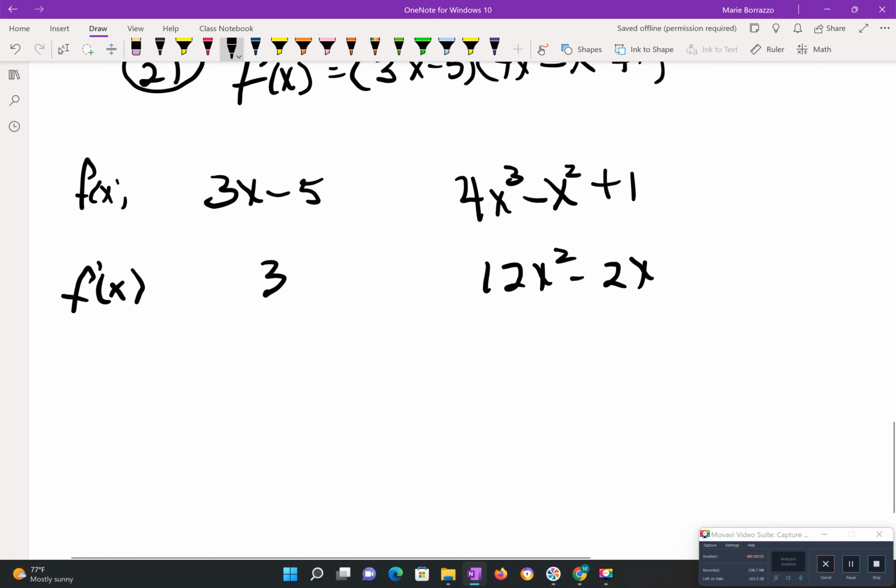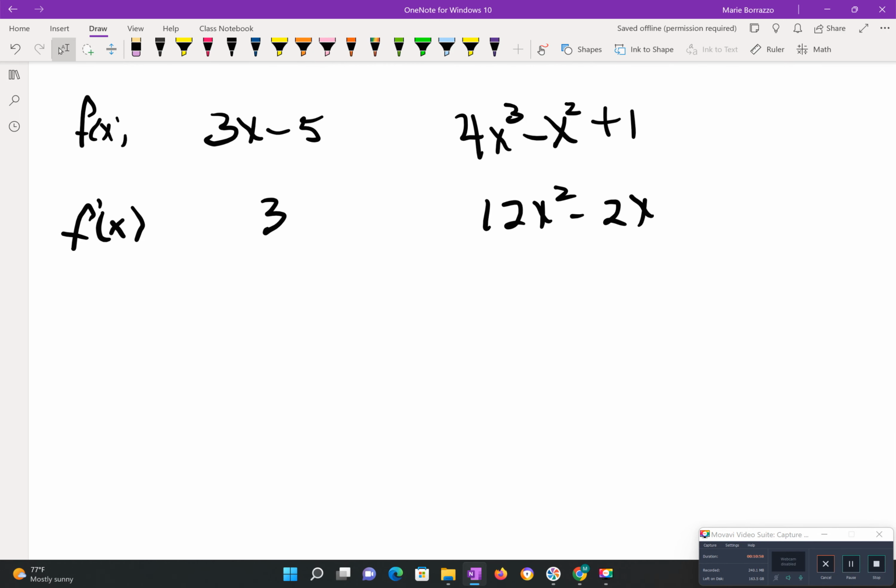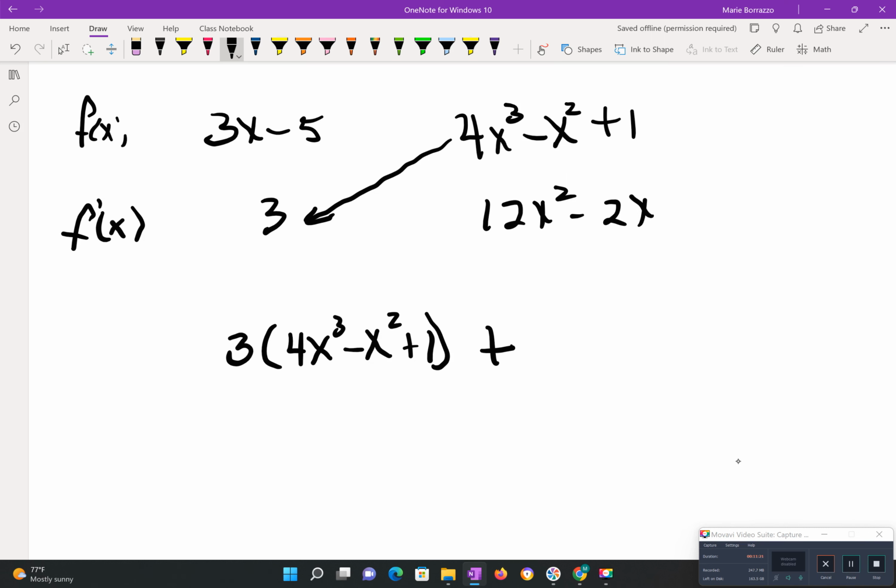I always say, since the quotient rule is the one that has the most pressing of the order because of the subtraction involved, use the same rule in product rule, because product rule is just addition. So we take 3 times 4x cubed minus x squared plus 1. To that we're going to add 3x minus 5 times 12x squared minus 2x.